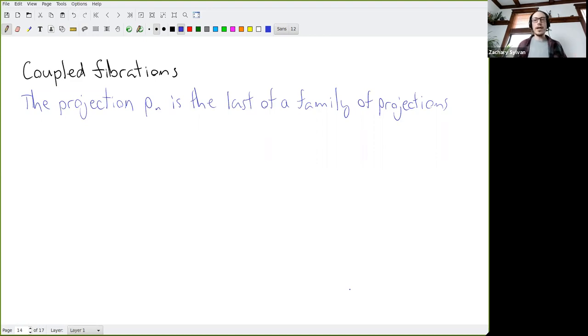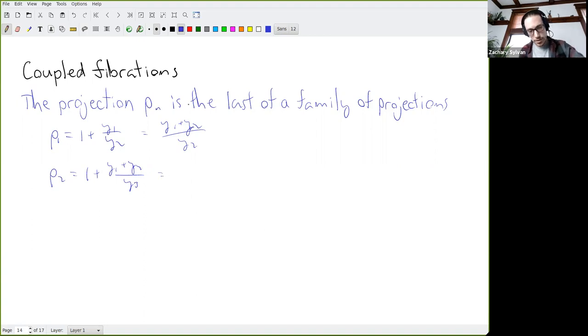So I called this rho n because it's the nth projection in a whole family. So rho 1 is just 1 plus y1 over y2. And I should mention this is the same thing as y1 plus y2 over y2. Rho 2 is 1 plus y1 plus y2 over y3.